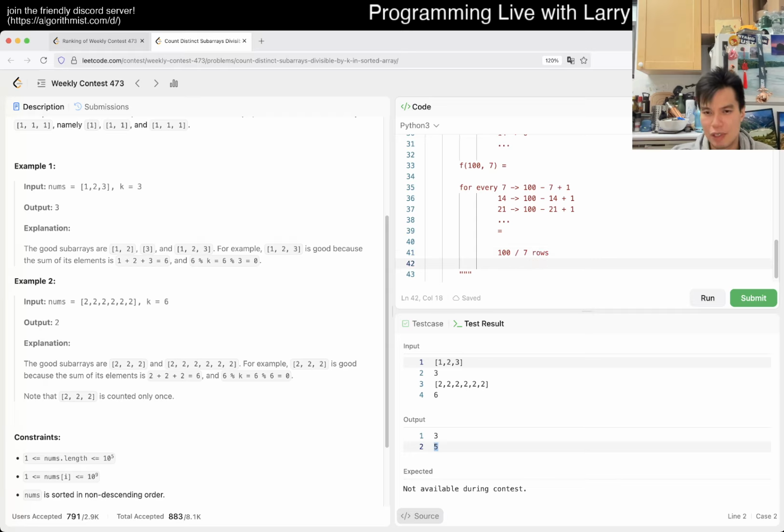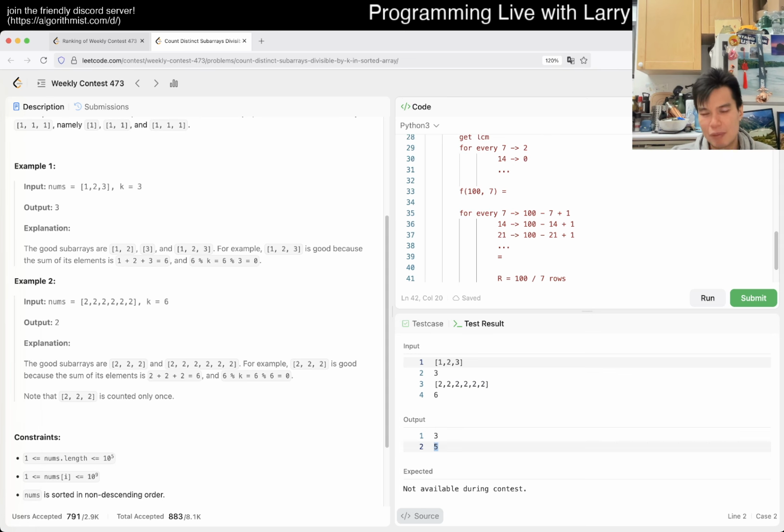And then for each row, R is equal to this, then R is equal to 100, or rather the total sub. Do I want the plus 1? I actually want to not include the plus 1 because the plus 1 is the count, but we keep one of them, so we don't subtract them.